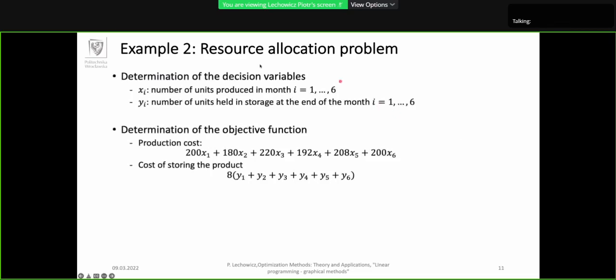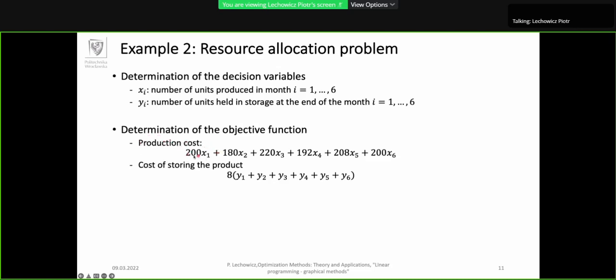So we have to determine the decision variables. Xi is the number of units produced in each month, where i is the month number, and Yi is the number of units which are stored at the end of the corresponding month. And the objective function is related to, first, production cost.